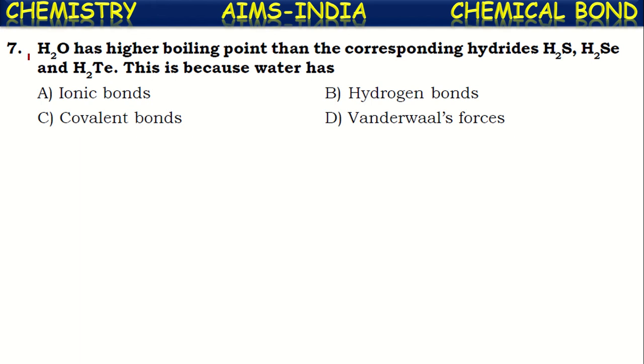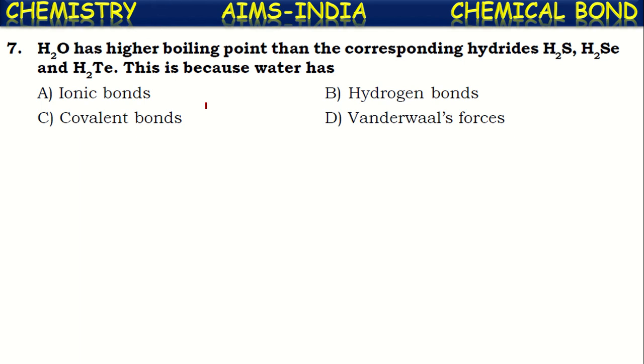Out of these, abnormally, H2O, the hydride of oxygen, which we commonly call water, has a high boiling point when compared to the rest. This high boiling point of water is because of the existence of hydrogen bonds between the water molecules.